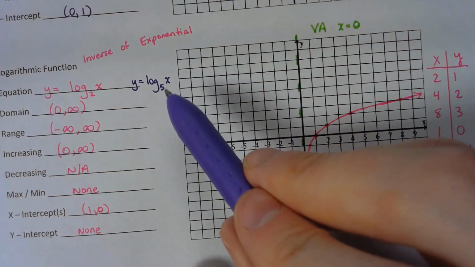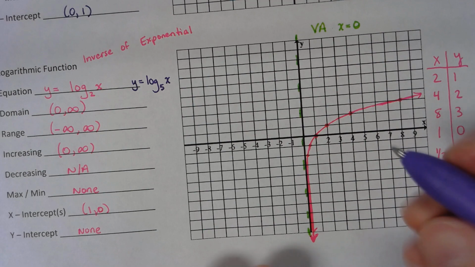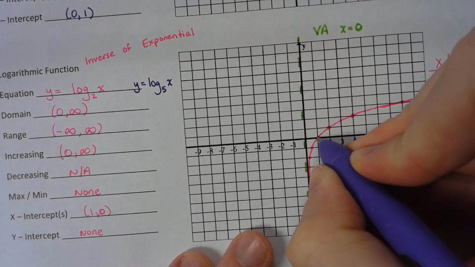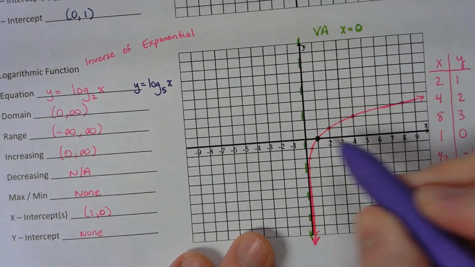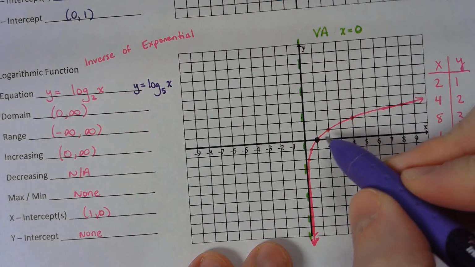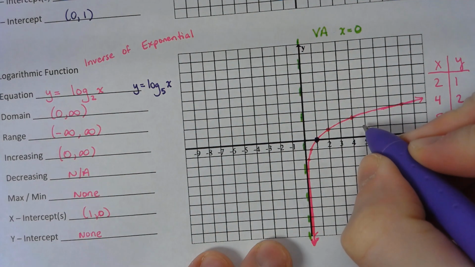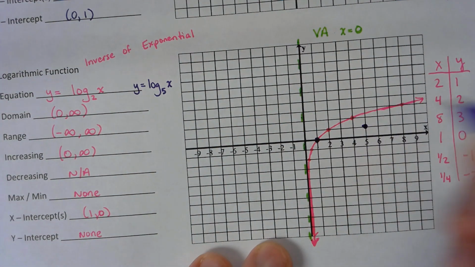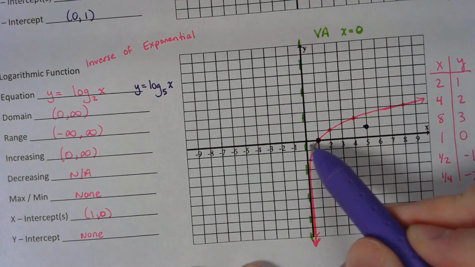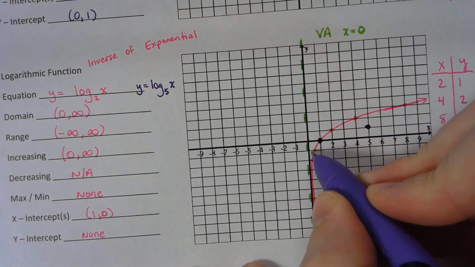So if we change that base to a 5, well then we're still going to have this point at 1, 0, because that point is on every logarithm. But now instead of having a point at 2, 1, we're going to have a point at 5, 1. And instead of having a point at 1/2, negative 1, we'll have a point at 1/5, negative 1.